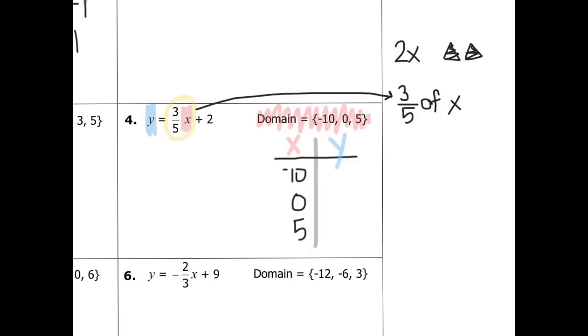So when I go to my first domain value of -10, I'm going to depend on my picture of what 3/5 is.